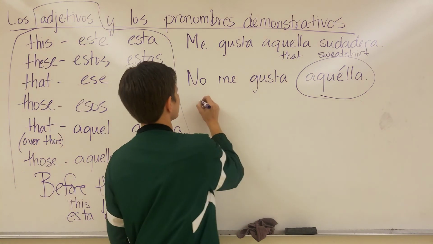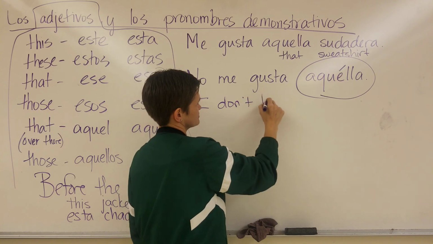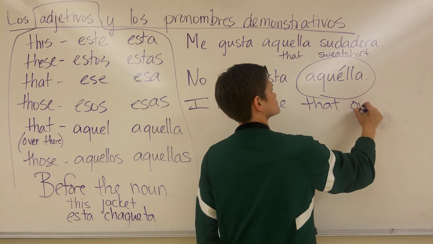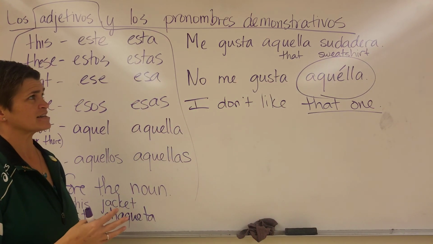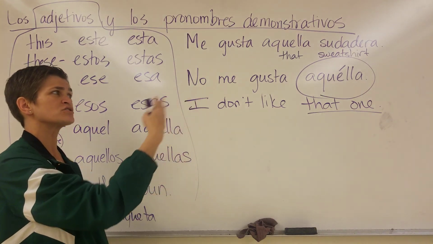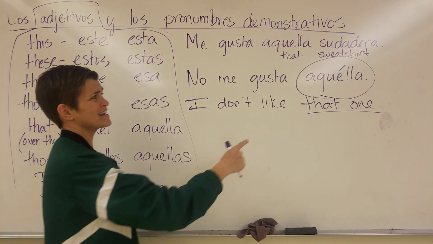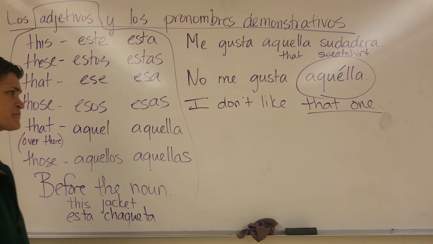It's like saying, I don't like that one. So it's a noun in this case. So I could have said, no me gusta aquella sudadera, or you could just use aquella as the noun, in which case it's going to get an accent. And all of these, that's going to be the case.